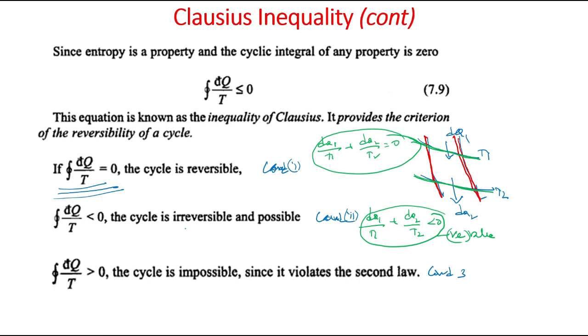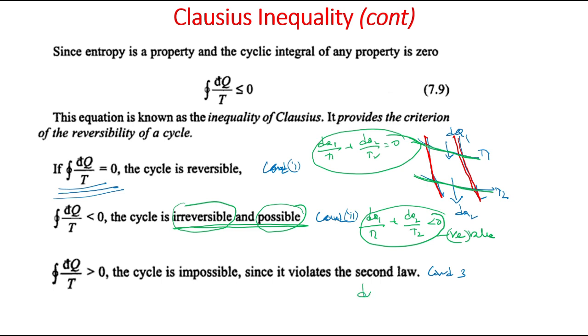This cycle is called an irreversible or possible cycle. Here entropy is generated. Entropy is available in the case of reversible and possible cycles. dQ by T is negative, and similarly the entropy value is positive, with the sign opposite.